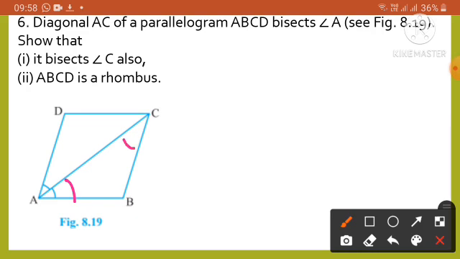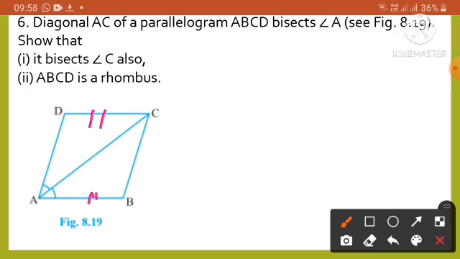So we can say that BC is equal to AB, because the sides opposite to equal angles are equal. Similarly we can say that AD equals DC. But ABCD is a parallelogram, already given, so we can say that AB is equal to DC. Got it?